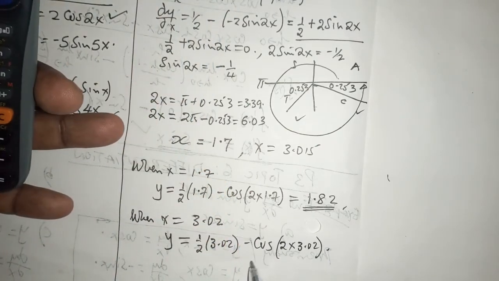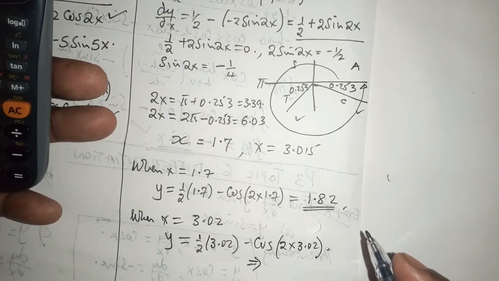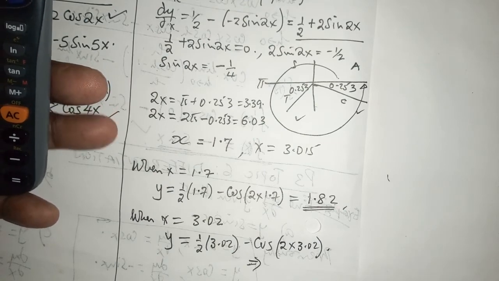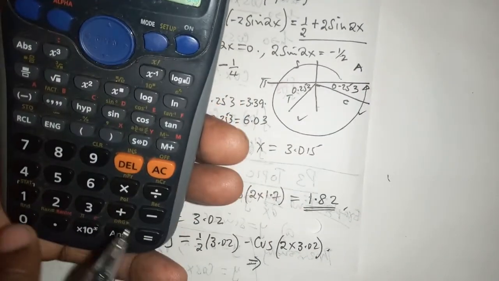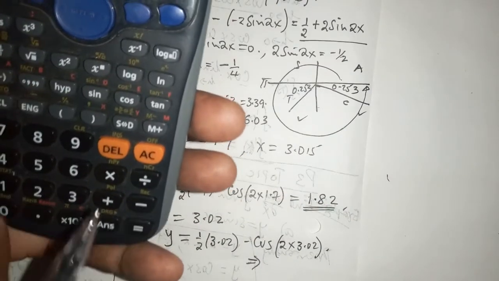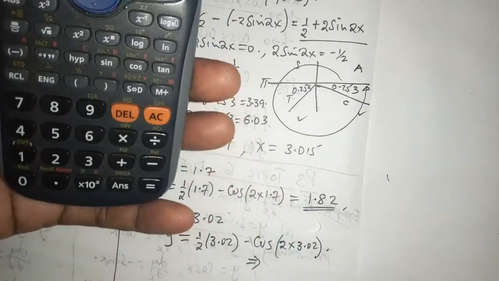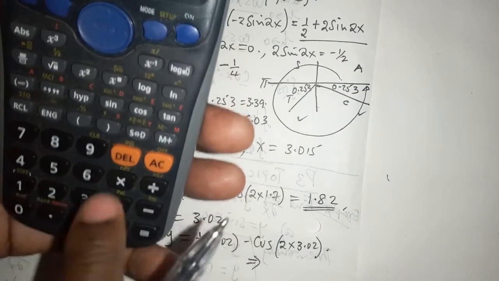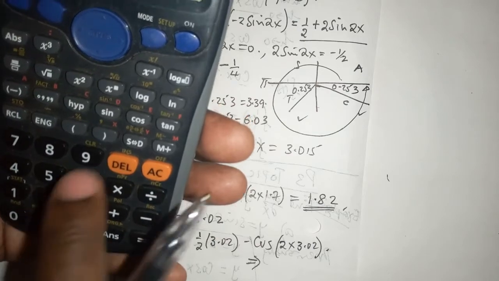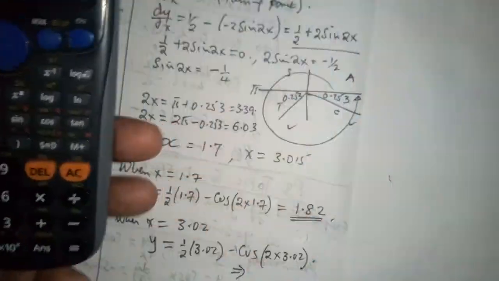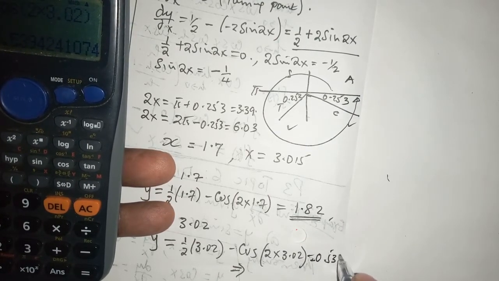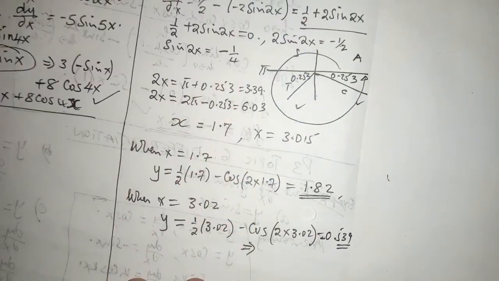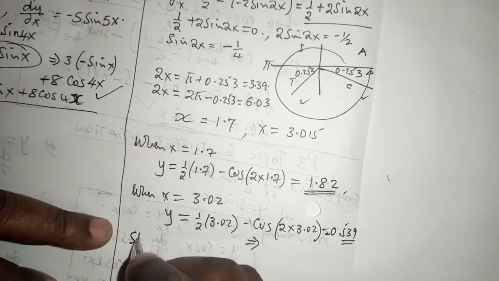Again, using the calculator, 0.5 times 3.02 minus the cosine of, in brackets, 2 times 3.02, you will find y is about 0.539.